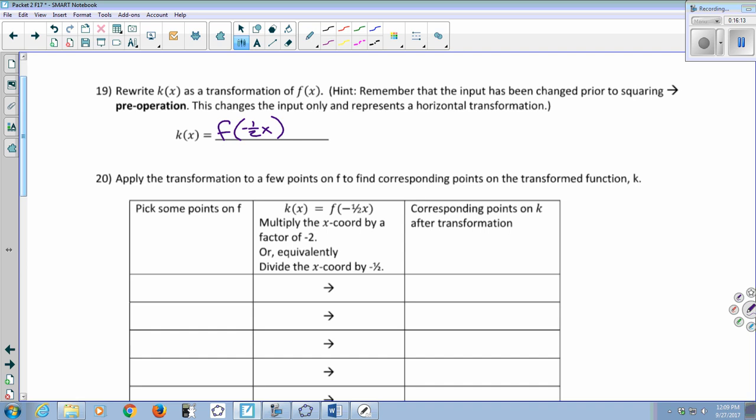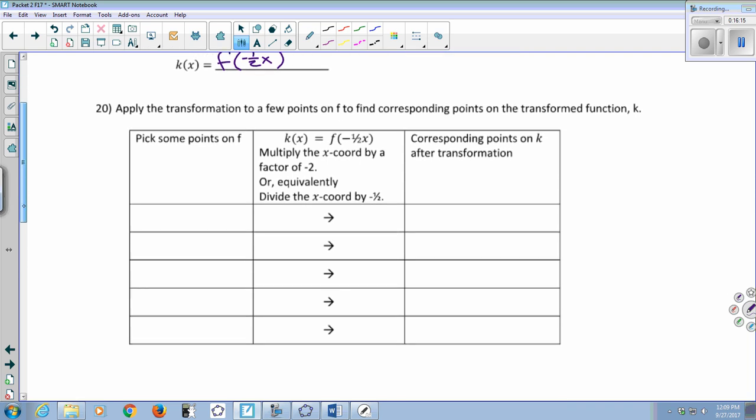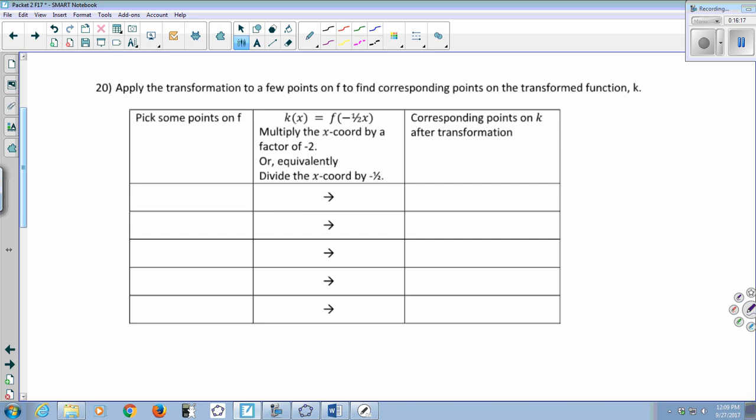I'm going to apply the transformation to a few points. I actually did this for 2 points already, but I'm going to write it out. So I have 0, 0, 1, 1, 4, 2, 9, 3, and 16, 4. Those are points on the square root of x. And the -1/2 x, that's a transformation where I'm changing the x value.